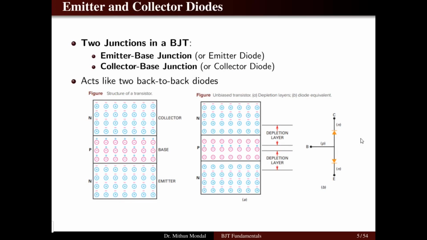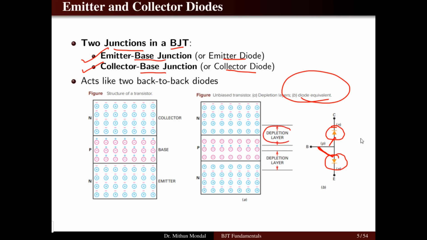The emitter and the collector diodes: generally there will be two junctions in a BJT. The first junction is the emitter-base junction, or the emitter diode. The second is the collector-base junction, or the collector diode. If you see here the diode equivalent network, you have basically two diodes connected back to back, and you have two important junctions: the emitter-base junction and the collector-base junction.